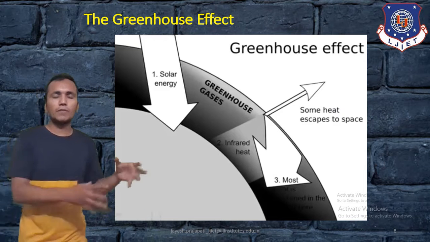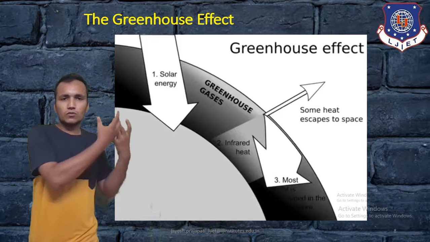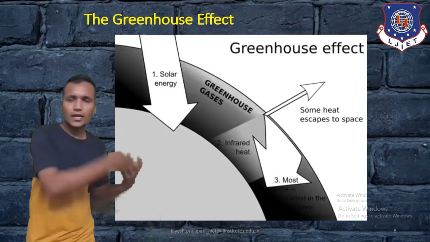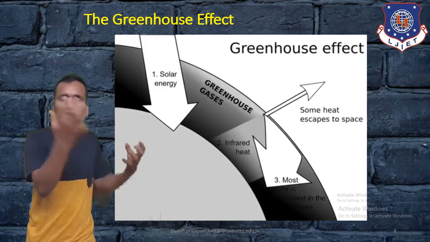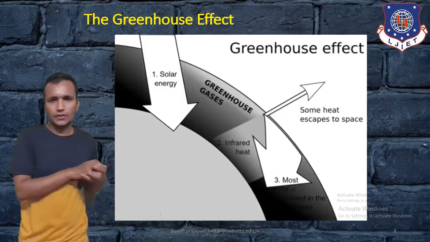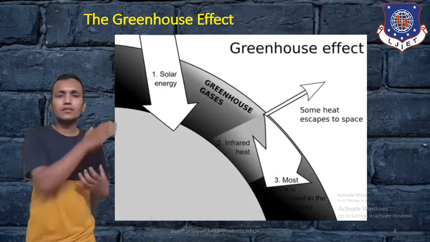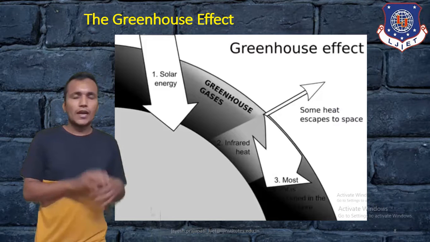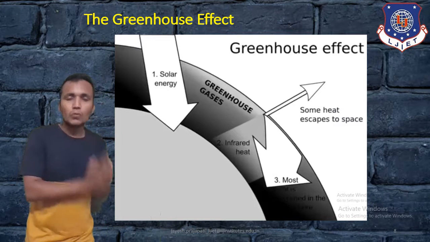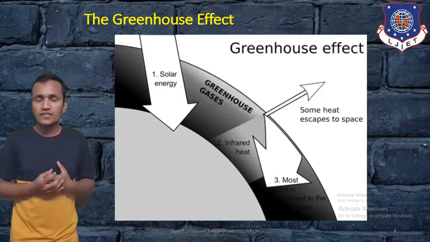That means both the solar energy absorbed by the earth and the energy reflected go to the earth's surface, so the earth becomes very hot. So we have to maintain these greenhouse gases, and they are also very important.